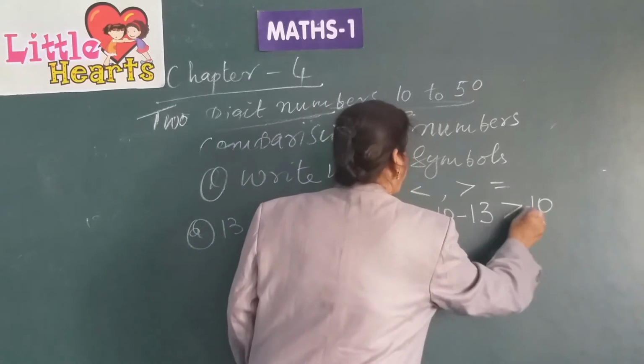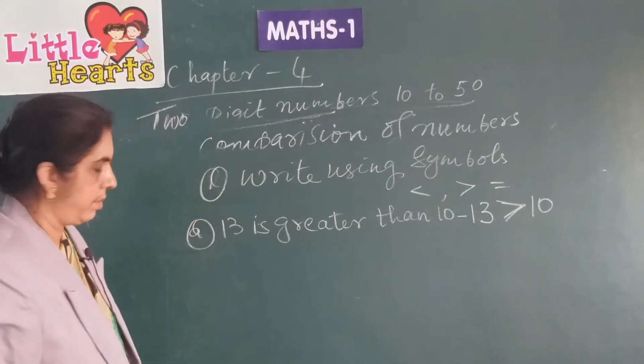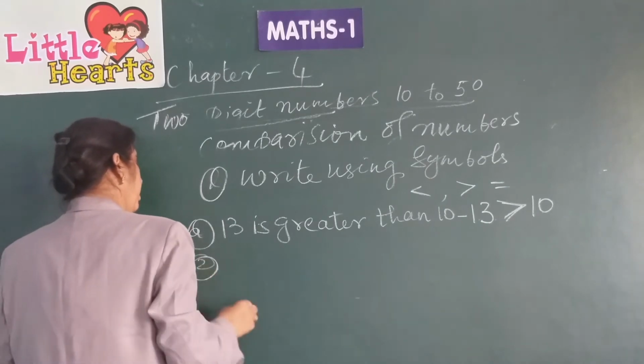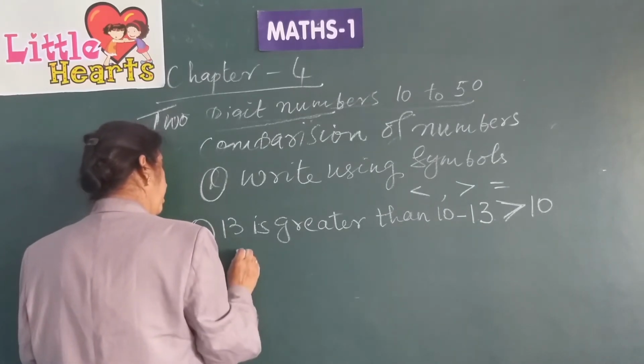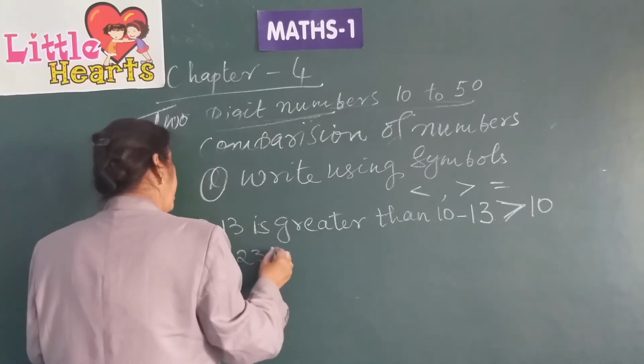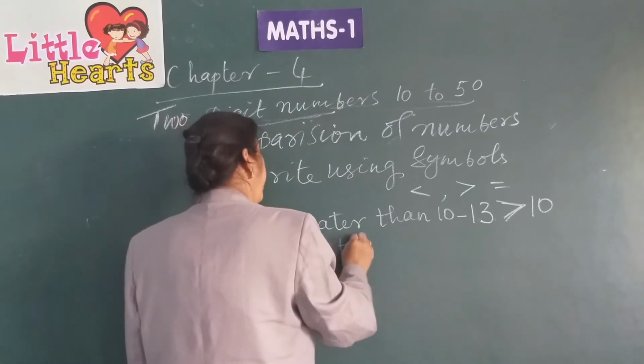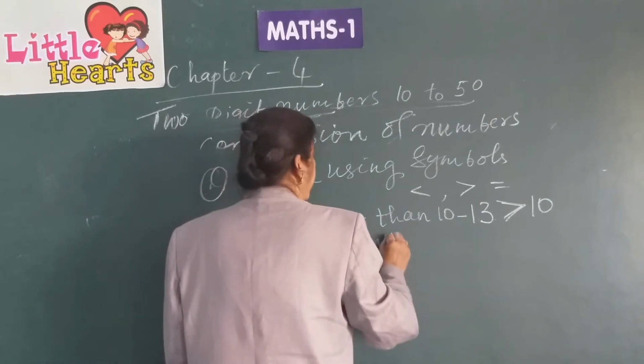Just write the numbers, and in between put the symbol greater than. 24 is less than 30.